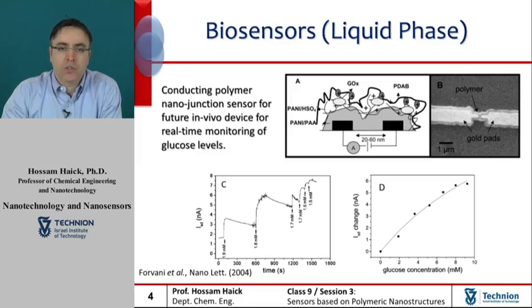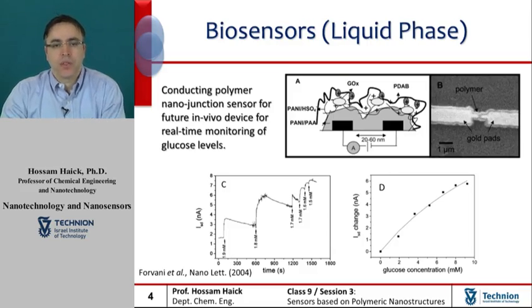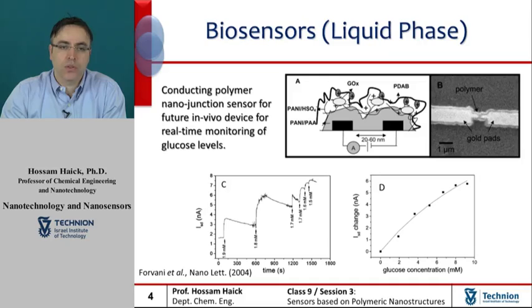Polyacrylic acid allows maintaining significant polyaniline conductivity near neutral pH. In this case, glucose oxidase is immobilized into the polyaniline-polyacrylic acid to provide specific detection of glucose. Upon exposure to glucose, the glucose oxidase catalyzes the oxidation of the glucose and becomes reduced.